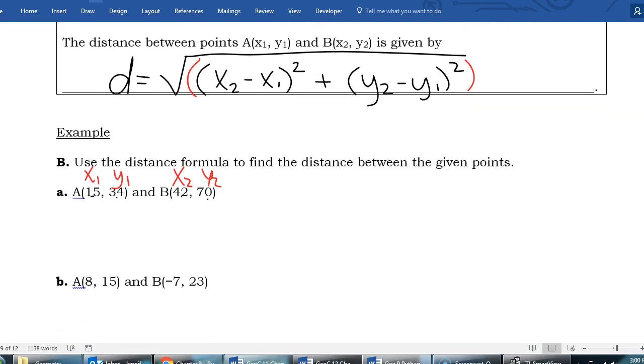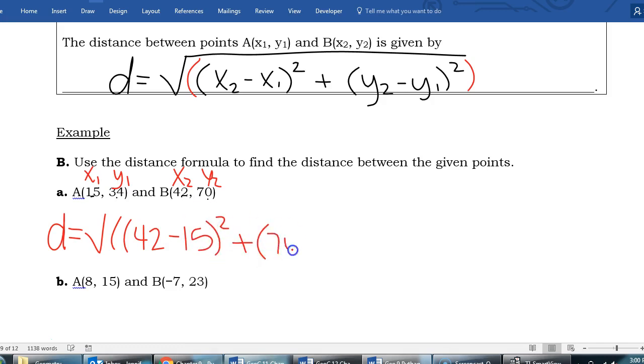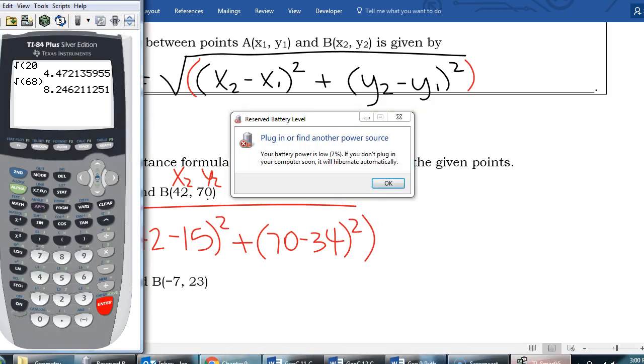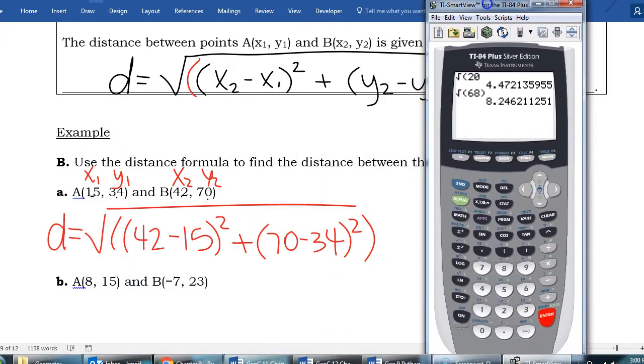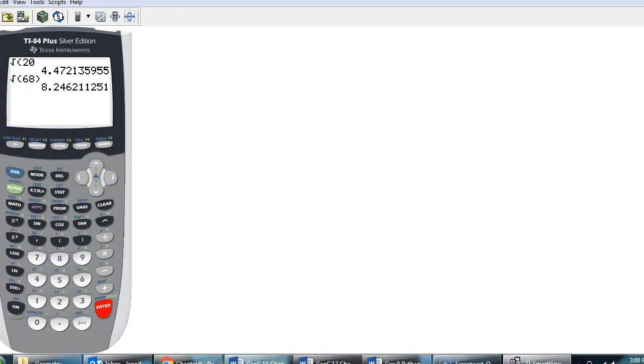So we're going to start with the distance is the square root of 42 minus 15 squared plus 70 minus 34 squared. And if I type that whole thing in my calculator, it's going to do my horizontal distance, my vertical distance, it's going to square them, add them together, and give me a square root, all in one giant step.